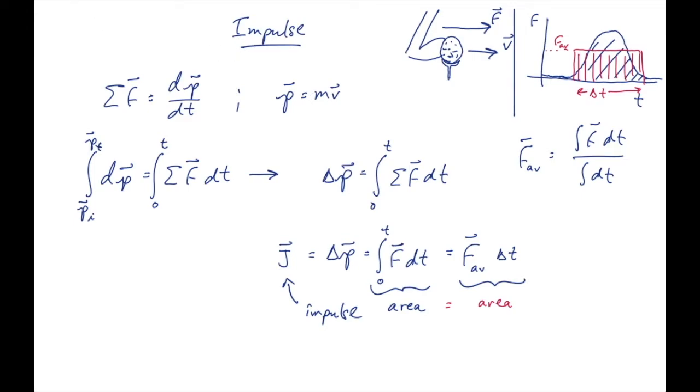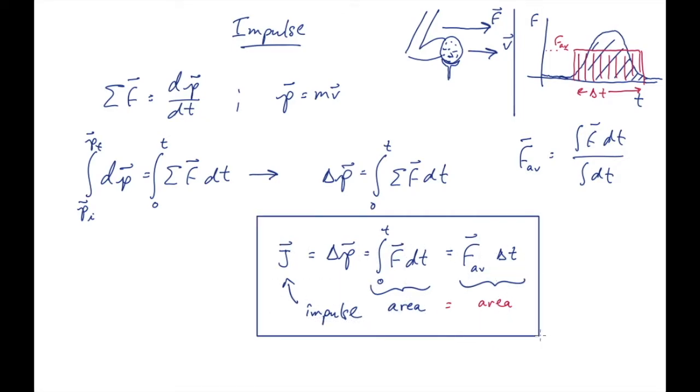This equation is the impulse momentum theorem. I'll put it in a box right here. This guy is the impulse momentum theorem. And it tells us there's a thing called the impulse. It equals the change in momentum, and it's the integral of the force over time. Most often, we're interested in the average force times a delta t.